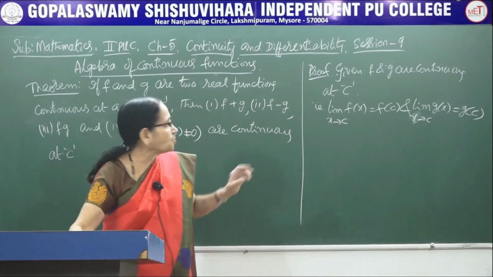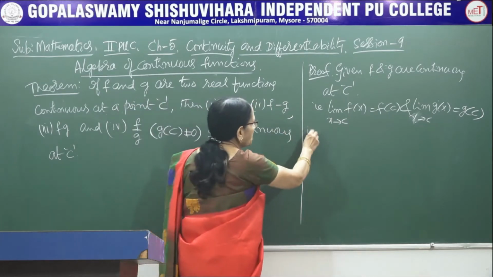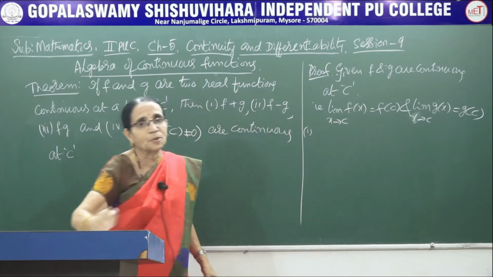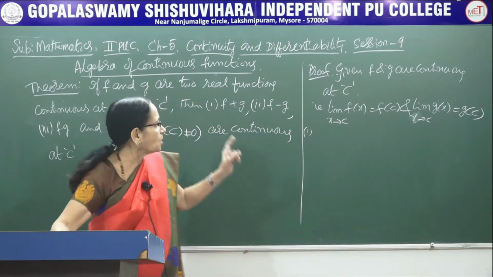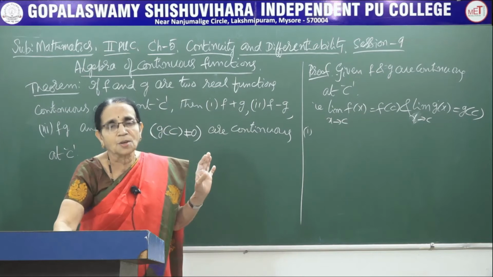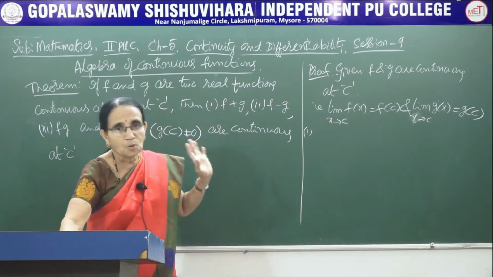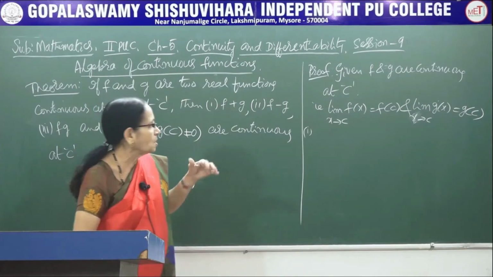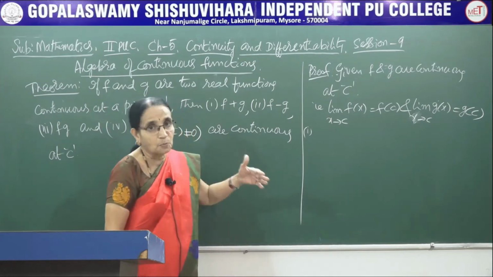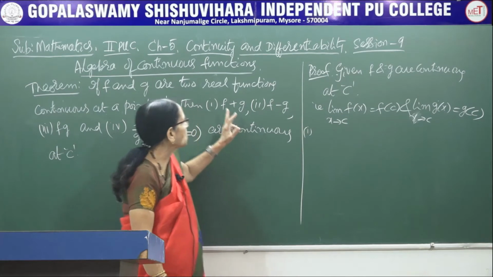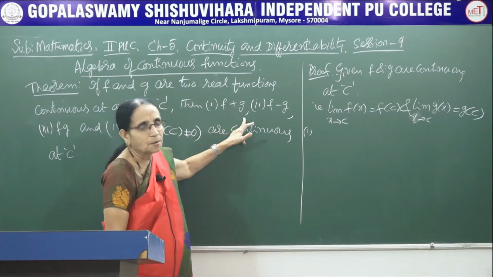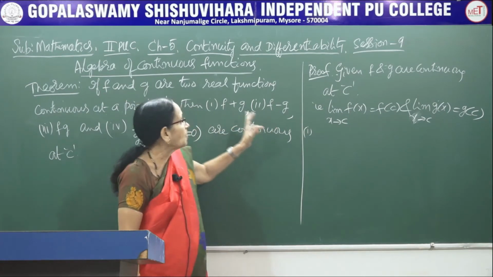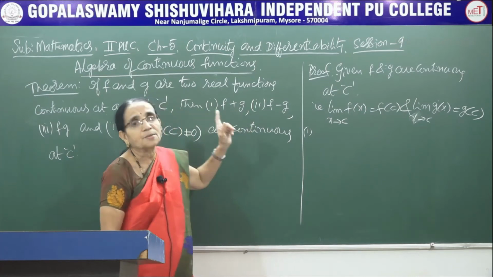Now, our first problem, I am taking the first result here. I am proving the sum of the functions. I am showing that f plus g is continuous at x equal to c. That is what we have to prove here. So, using the definition of the continuity of a function at a point, what I have to prove is limit of f plus g should be equal to the value of f plus g at c here.